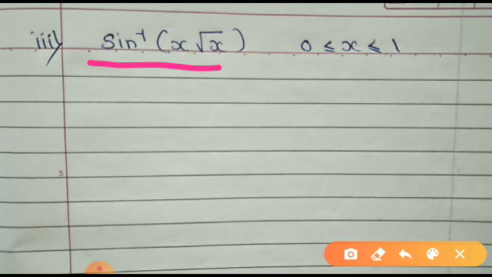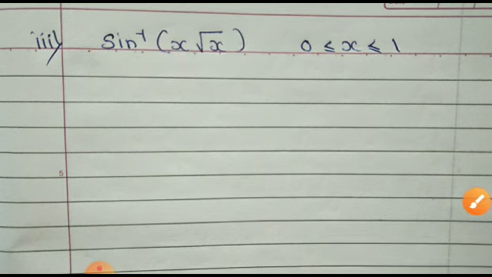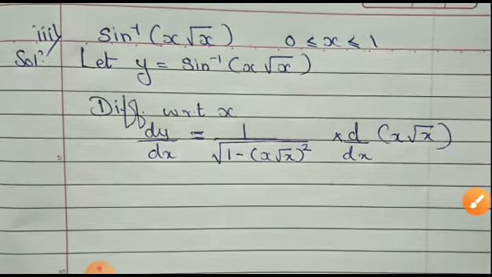Instead of that, if I directly make use of the derivative of sin inverse x, that will be easier. The derivative of sin inverse x is 1 by root of 1 minus x square. Now here, instead of x, you have x into root x.